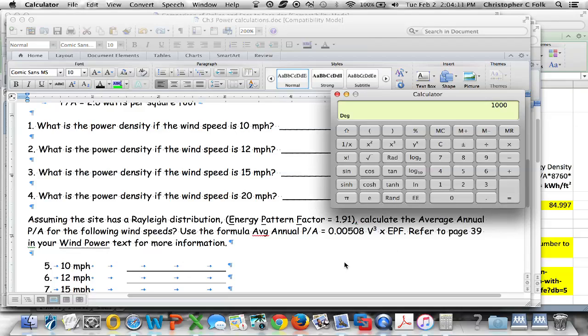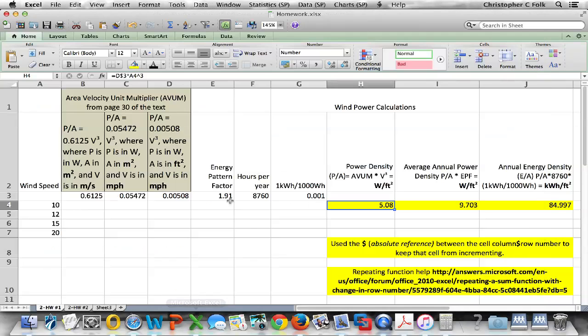I'm going to show you how we did that using the Excel example. So here we are. First I had to bring my data in. Now remember, on page 30 of the textbook, we had this sidebar that showed that if I'm measuring my wind speed in meters per second and my area in meters squared, then I have to use this number.